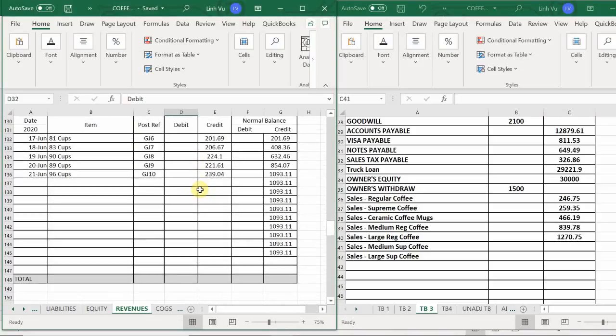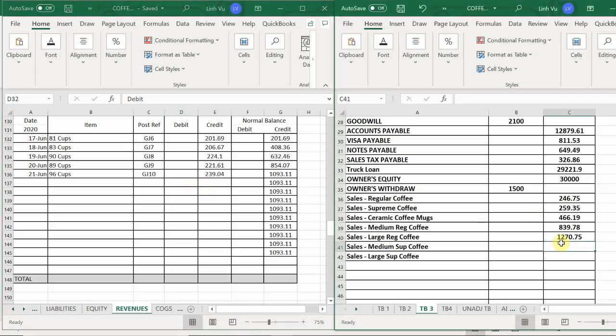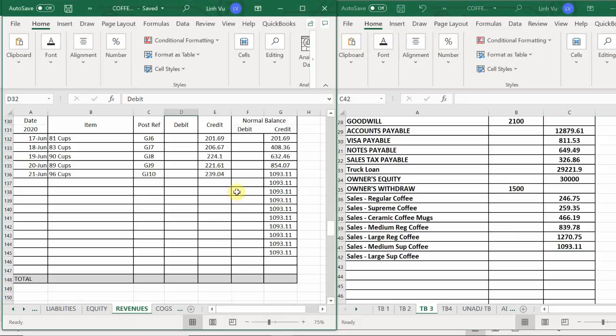What about my sales for the medium supreme coffee? $1,093.11.